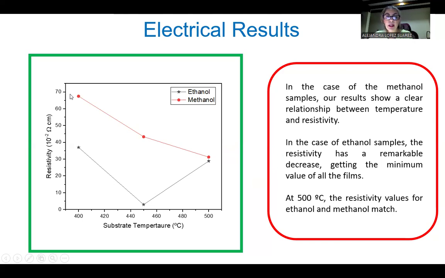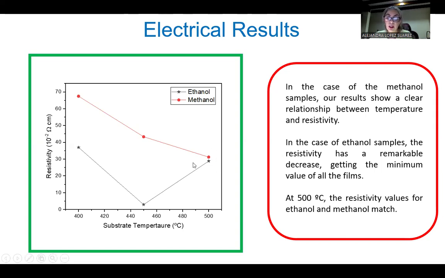As temperature increases, the resistivity decreases, but in the case of the films grown with ethanol as a solvent, they first have a resistivity value, then it decreases, and then it increases again. So at 500 degrees, we can see that resistivity almost matches for both ethanol and methanol solvents.